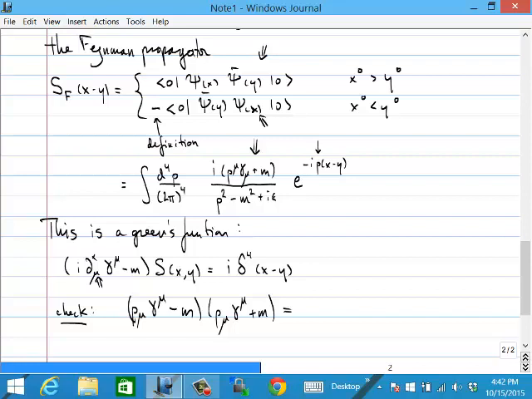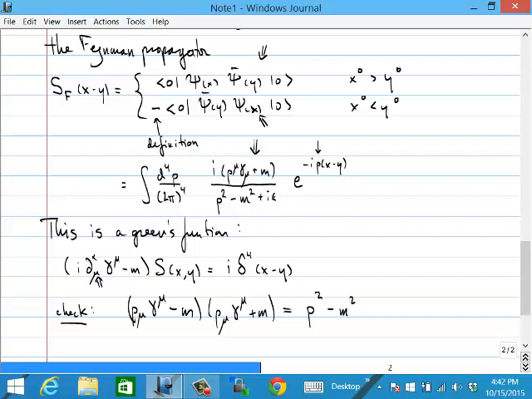That's a symmetric combination of gamma mu gamma nu, so it's equal to 1/2 the anti-commutator of gamma mu and gamma nu, otherwise known as g mu nu. So the term that's quadratic in p mu is just p squared. And then we have a minus m squared from the term that's quadratic in m.